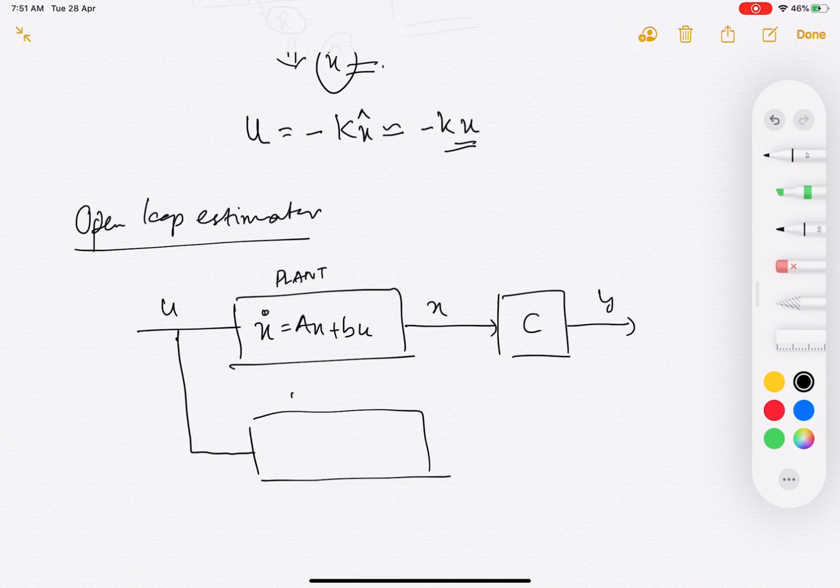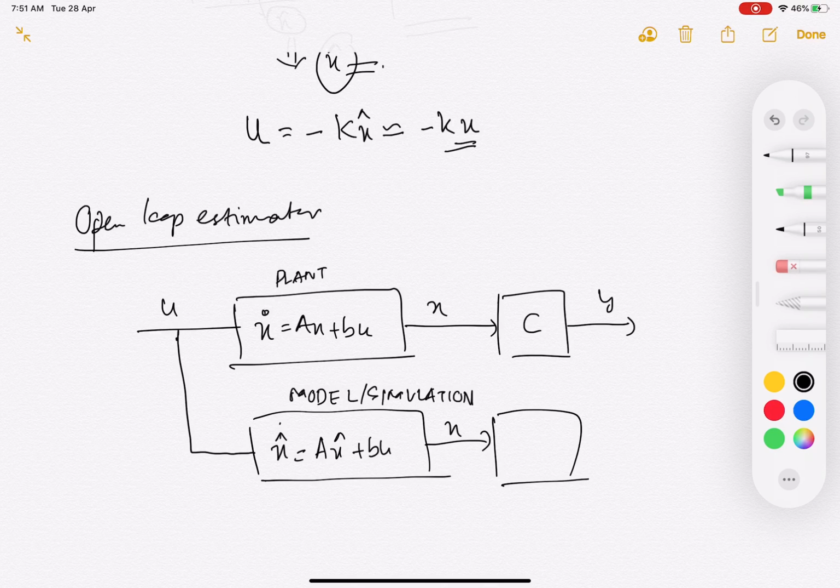The same input goes into your model or your simulation, and you say this is x hat dot = A x hat + Bu. This gives you x hat, multiply this with C, you get y hat.